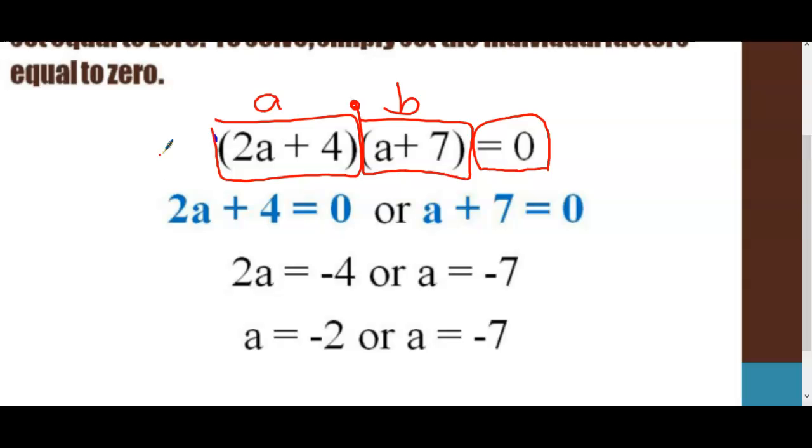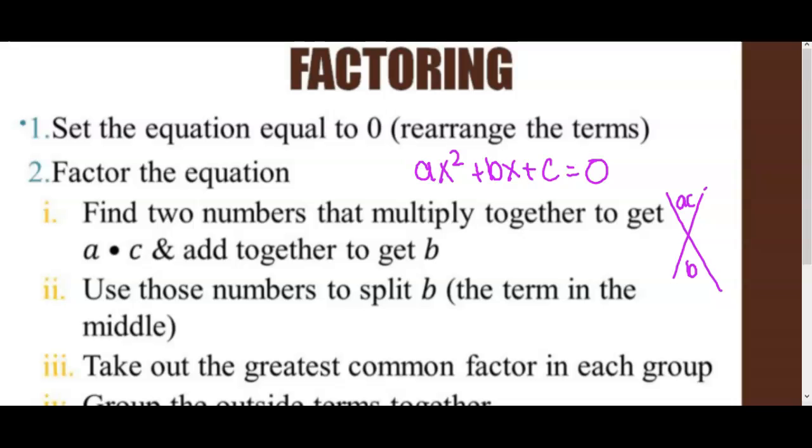That being said, the steps we followed previously are going to change a little bit. Now we have this step 1. Step 1 is that we have to arrange the terms so that they are equal to 0.